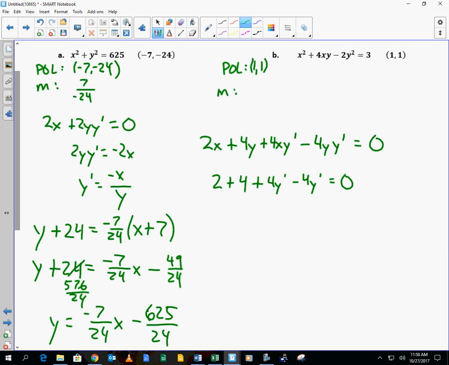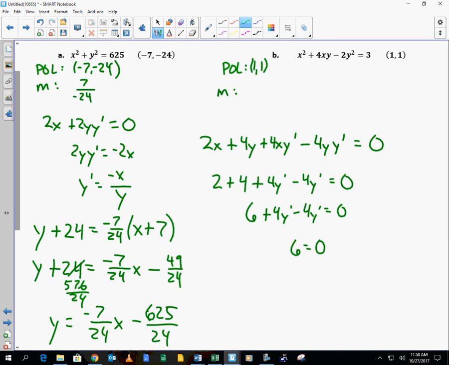Okay, what's 2 plus 4? 6 plus 4y prime minus 4y prime is equal to 0. So these cancel, don't they? So you get 6 is equal to 0. Is that possible? So what does that tell us about y prime? It does not exist. So the slope does not exist.